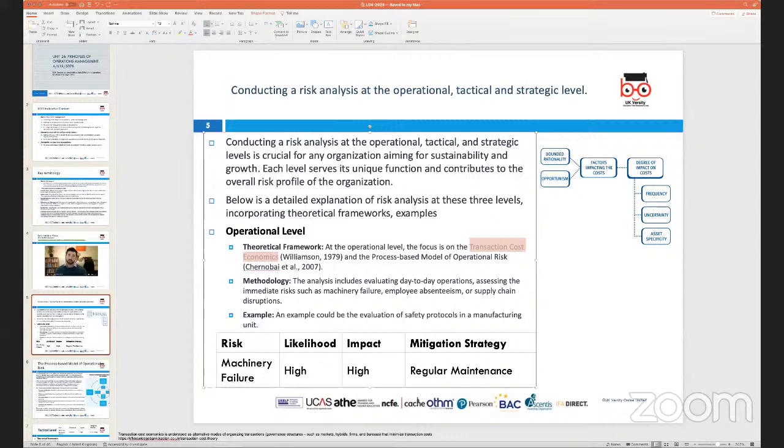And that is where the company is essentially looking at minimizing excess costs in order to increase its profits. Because this happens on a daily basis, as a routine during the production of goods and services, it is classified as operational level.